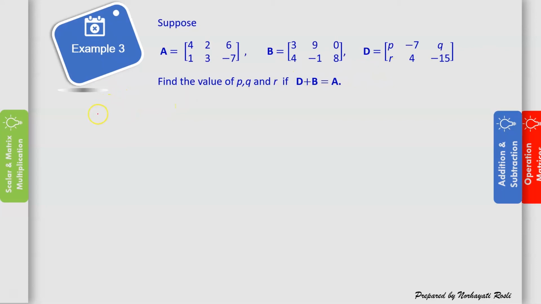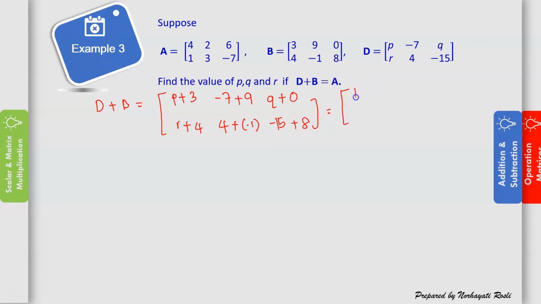So here for this case, D plus P, we can write it equal to 9 minus 7... 3, negative 7 plus 9, Q plus 0, and then R plus 4, 4 plus negative 1, then negative 15 plus 8, which is equal to P plus 3, 9 minus 7 is 2, Q, R plus 4, 4 minus 1 is 3, negative 15 plus 8 is negative 7.